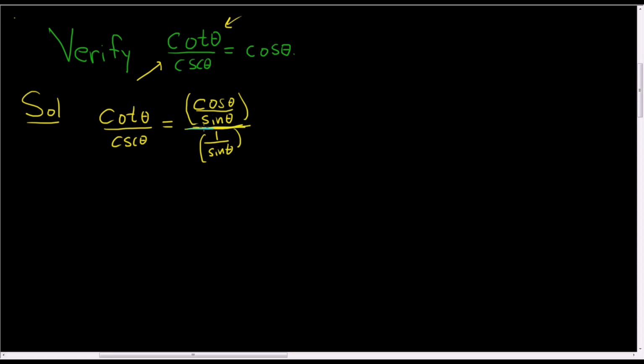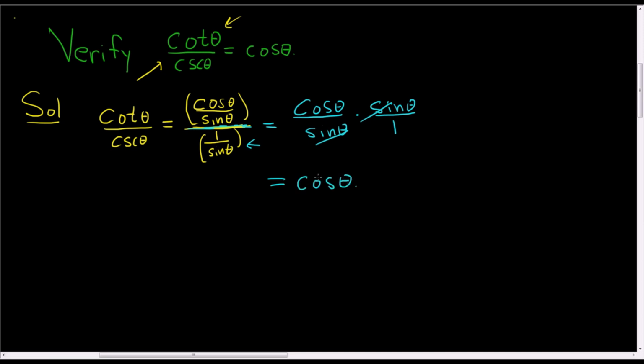So it's going to be equal to cosine theta over sine theta times the reciprocal of this, right? Division means multiplying by the reciprocal. So times sine theta divided by 1. And looks like the sines cancel. So we just get cosine theta over 1, which is equal to cosine theta.